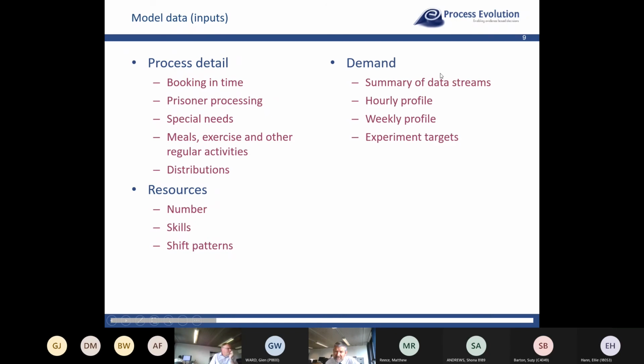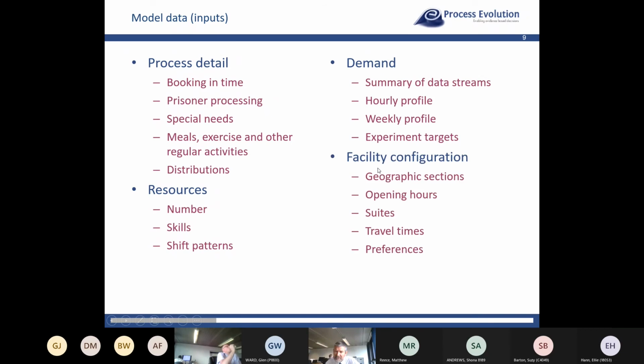The demand, summary of the data demand stream. So very often we split the demand into compliant arrestees and non-compliant arrestees, and maybe drunk arrestees, so they can all have their different profiles for how long they're in custody for, or how long they take to book in. And this is provided to the model in an hourly and a weekly profile, along with some experimental targets that we're seeking to hit.